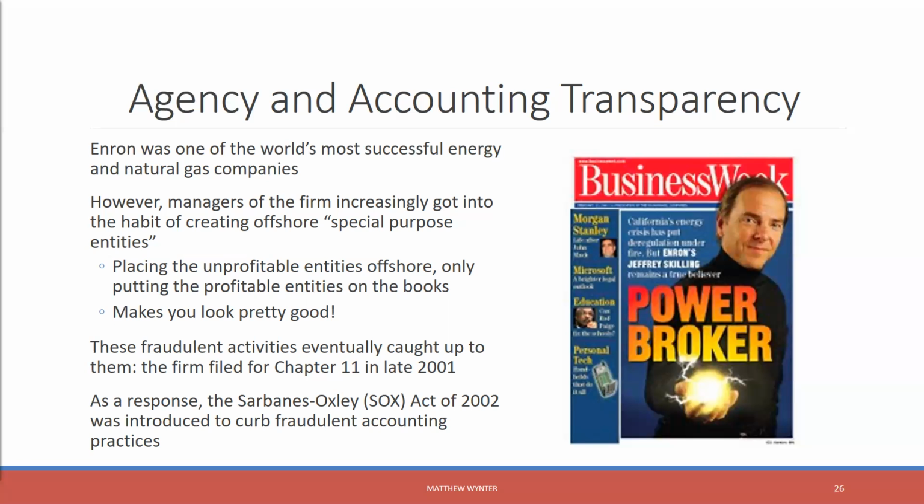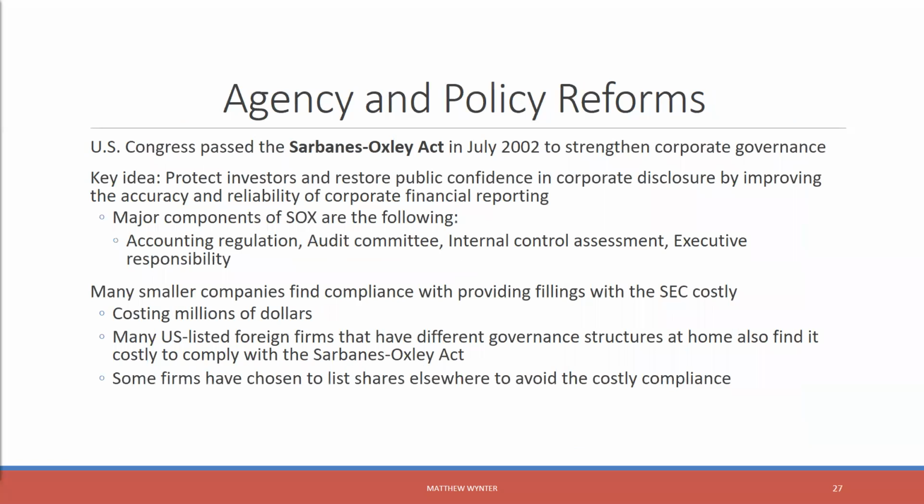In response to all of this, we had Sarbanes-Oxley that was passed in 2002 as a way to curb this fraudulent accounting behavior. More generally, we can kind of talk about agency and these policy reforms. So the US Congress passed SOX in July 2002. And the key idea was to protect investors and to restore public confidence in corporate disclosing and in financial reporting.